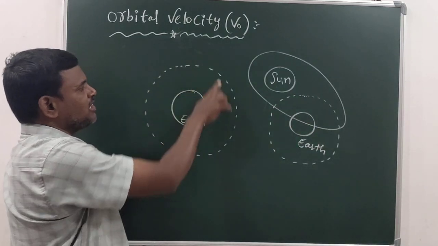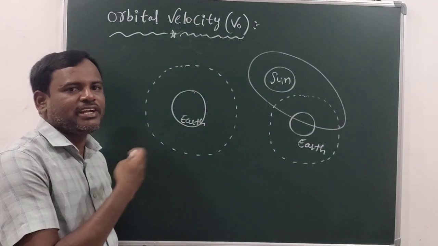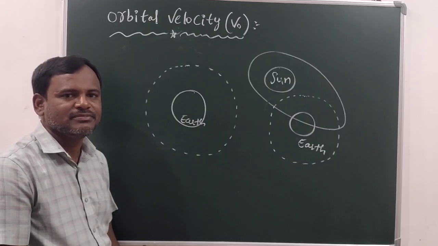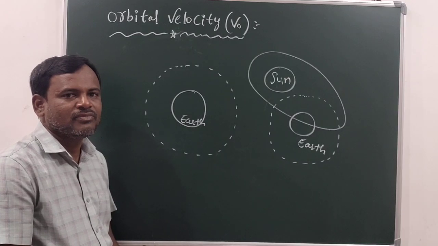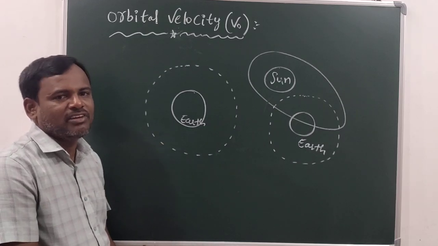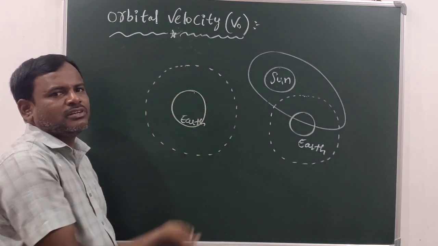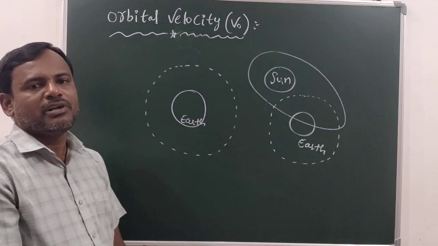In this gravitational field, satellites are rotating, which can be called as geocentric satellites. Every satellite has its own orbit. In their own orbit, satellite is revolving in the circular orbit or circular path. The velocity of that satellite is known as orbital velocity.